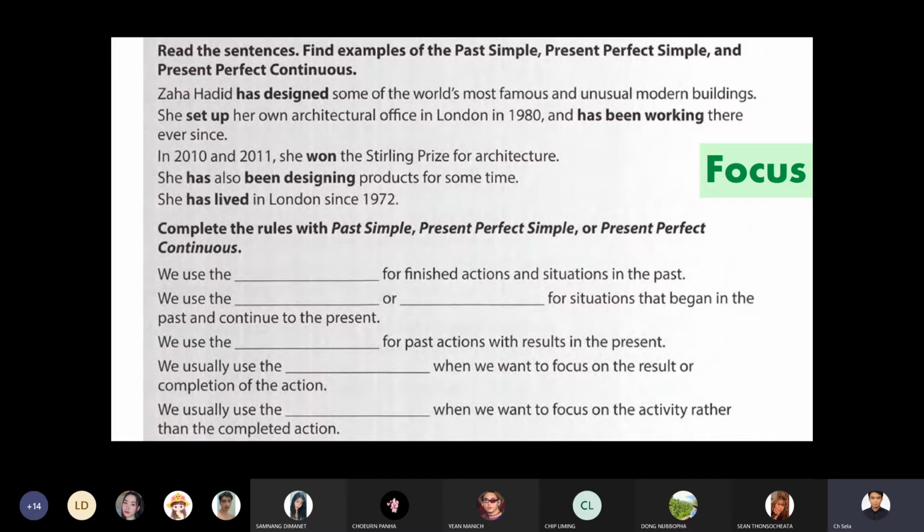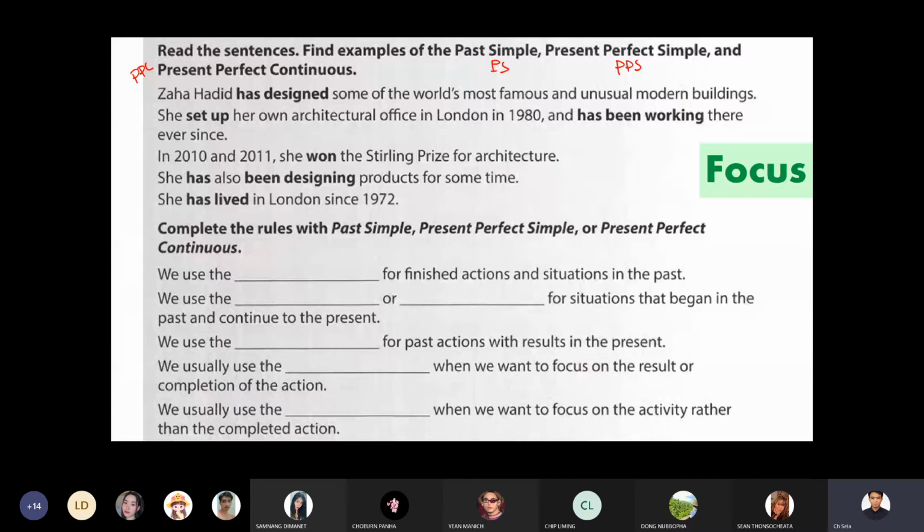Past simple, I would call it PS. Present simple, present perfect simple here, PPS. And present perfect continuous, PPC. So read the sentences, find examples of the past simple, present perfect simple, and present perfect continuous.